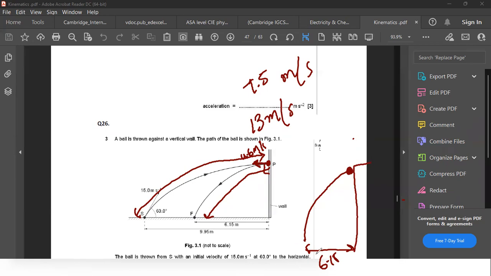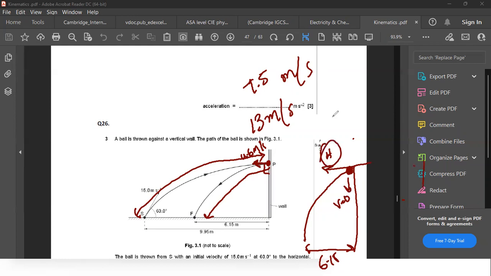You would have said, okay, horizontal velocity I have to find out, right? Because at the start, vertical velocity is 0, remember? In horizontal motion, vertical velocity is 0. So if you can find horizontal velocity, that would be the velocity of the ball. So you have to find this horizontal velocity.